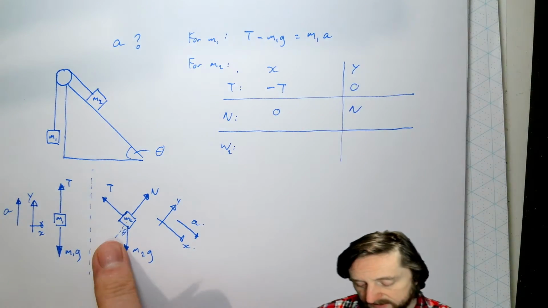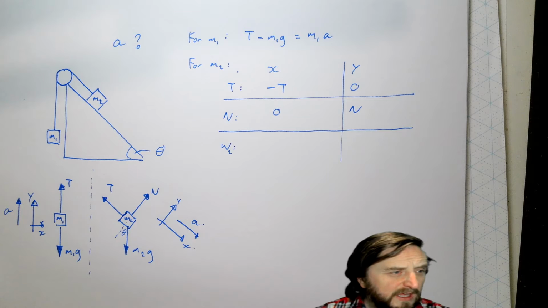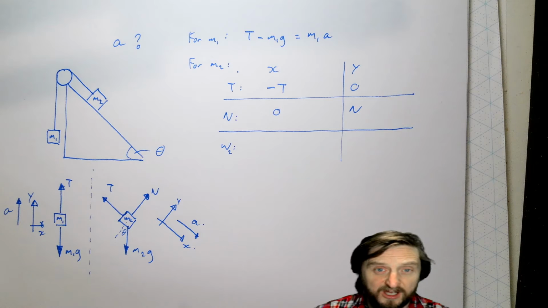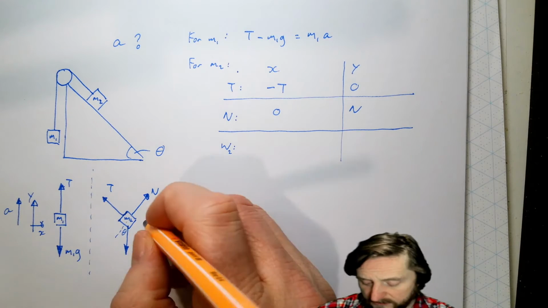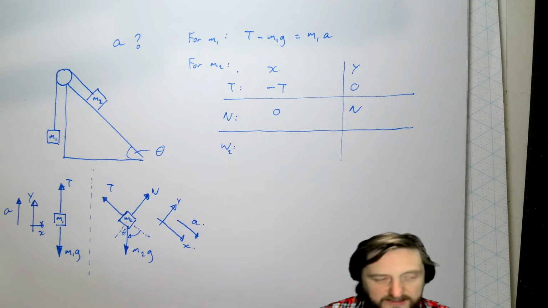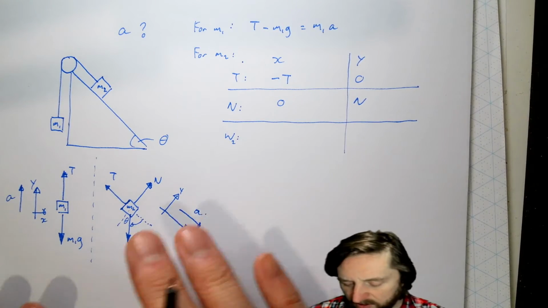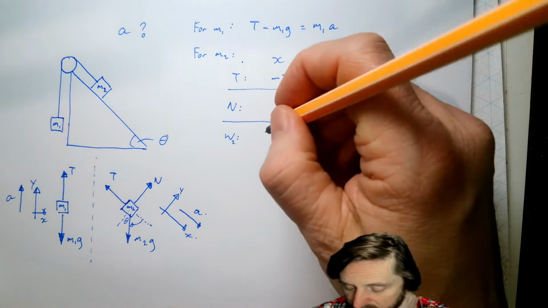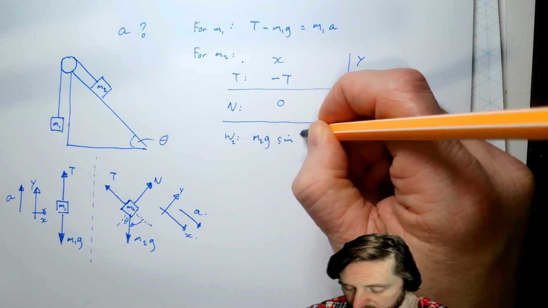And this is in the positive x direction. Again, I'm manually filling in the signs of the trigonometric angles. I could, if I wanted to, be really strict and call this my positive x-axis and measure this here as negative 90 minus theta, but it's a simpler problem, so I'm not going to go into doing all that at the moment. So in the x direction it is m2g sine of the angle.